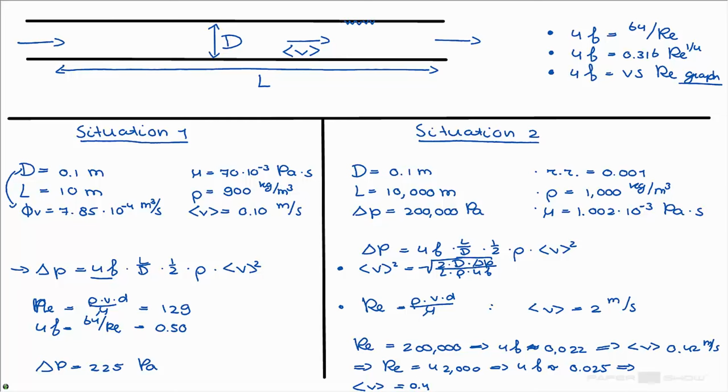And I have to do this over and over again until I find the same value twice. But finally I found in this exercise 0.39 meter per second. Your answer can be slightly different, since you have to read it from the graph and it is not that precise. But it should be around this value, between 0.3 and 0.5 meters per second.